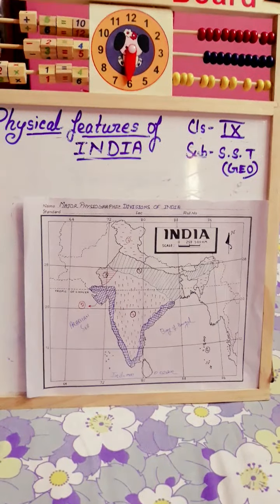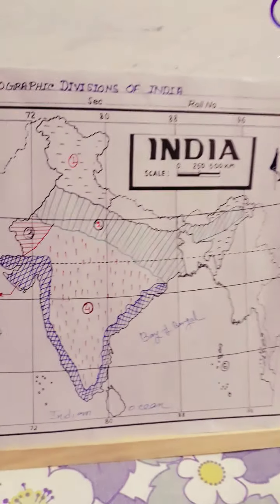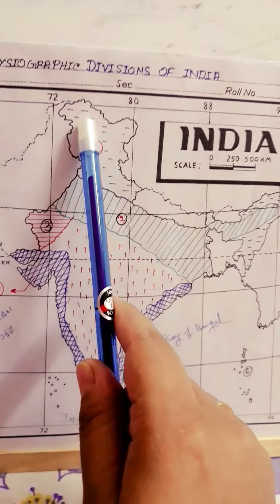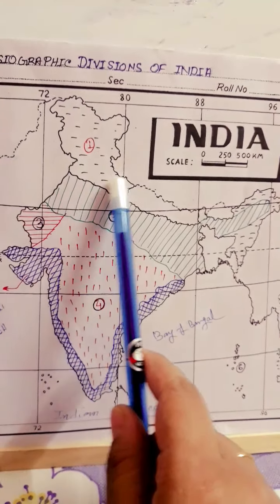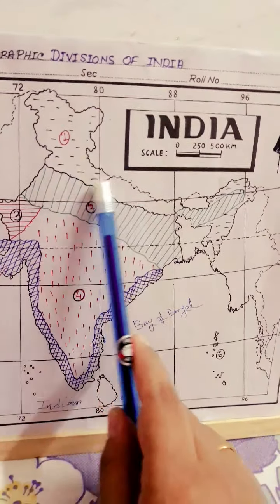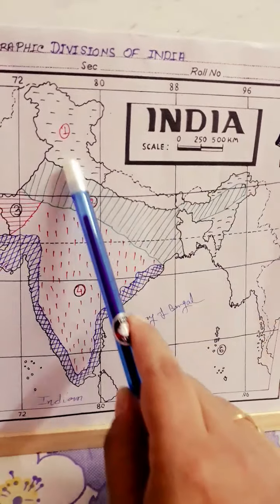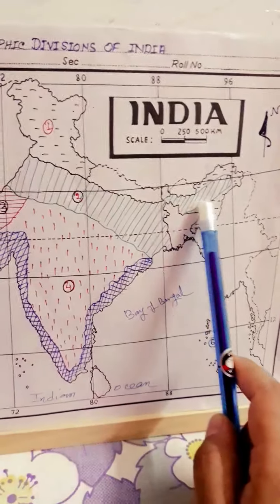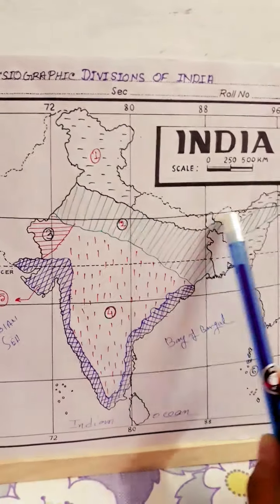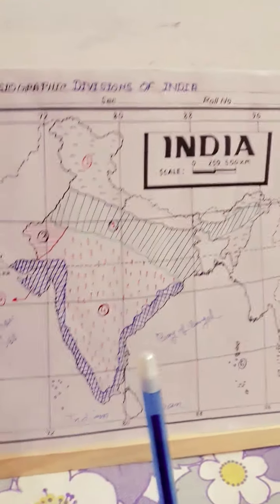Number 1, the Himalayan Mountains. Follow this Indian map. I have tried to symbolize this part. The portion which I have demarcated with black ink is known as the Himalayan Mountains, and I have marked it number 1. Next, the Northern Plains.